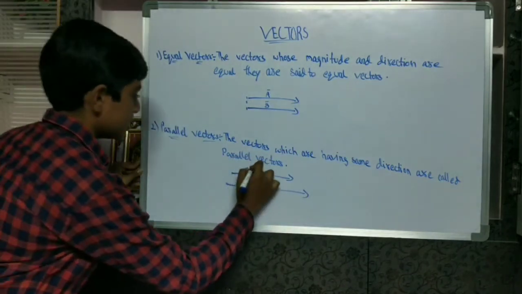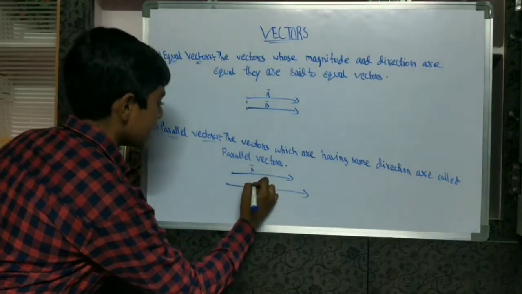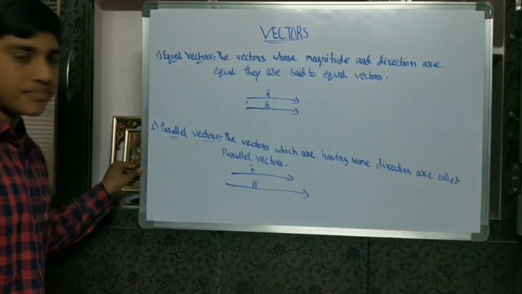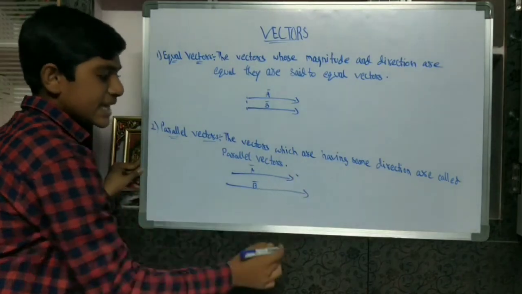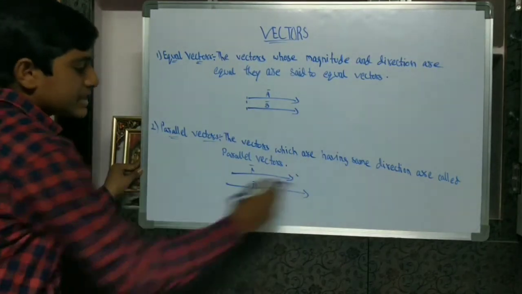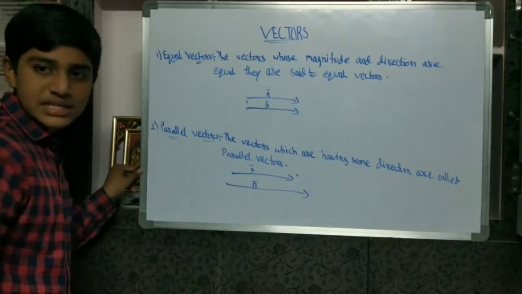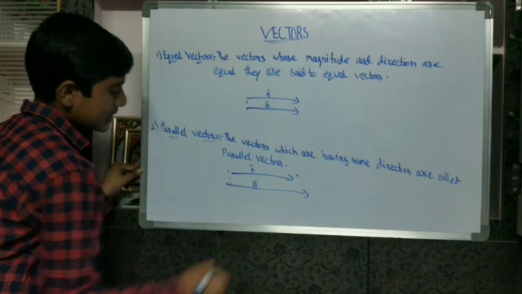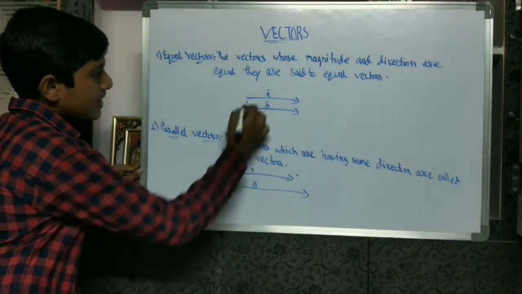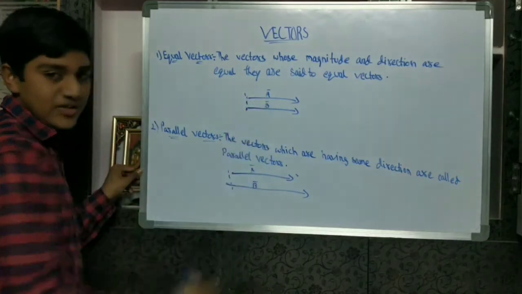For example, these are two vectors. Let us assume them as A bar and B bar. They both are in the same direction. The direction is same, whereas the magnitude is different. If you observe, it is not equal, whereas in equal vectors it is equal.